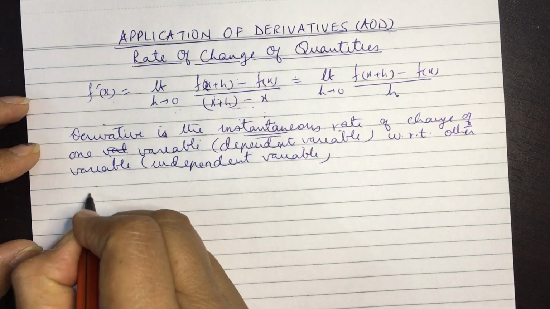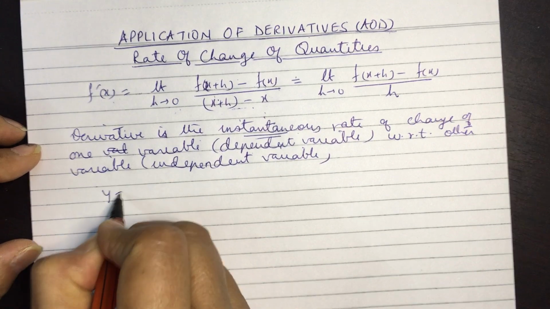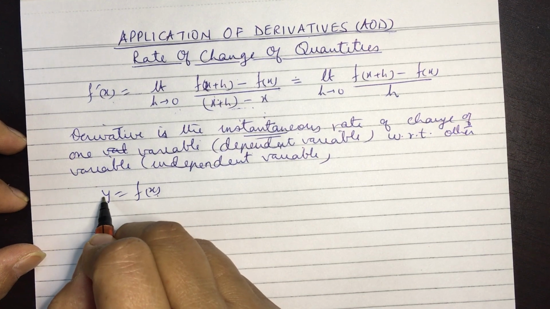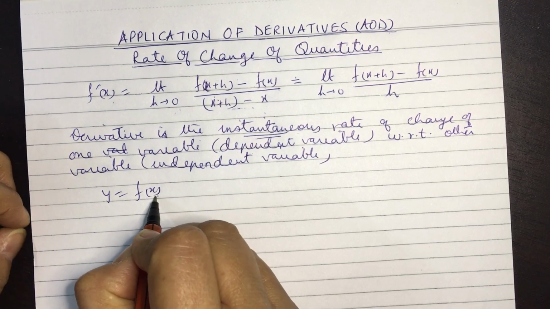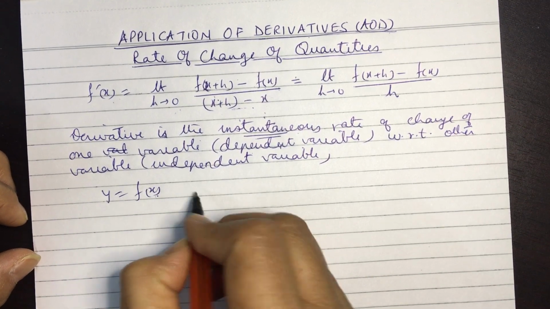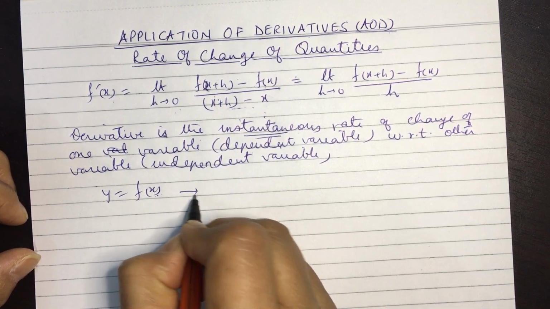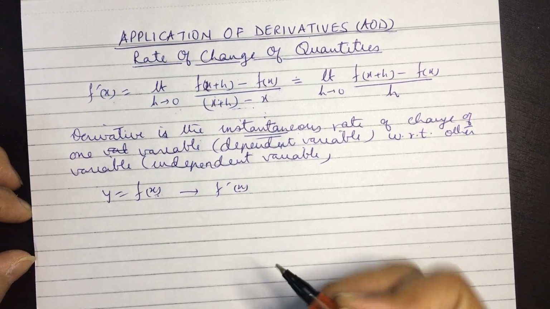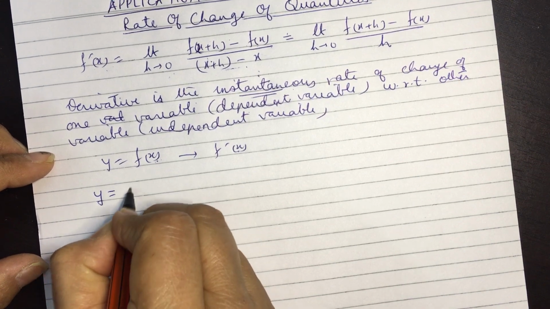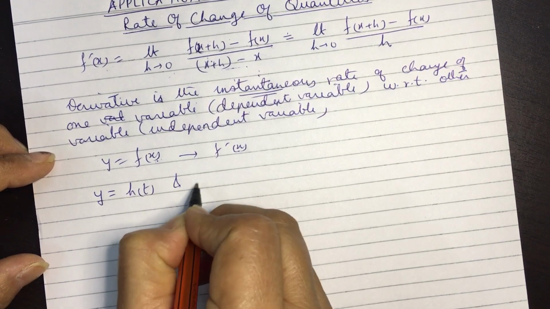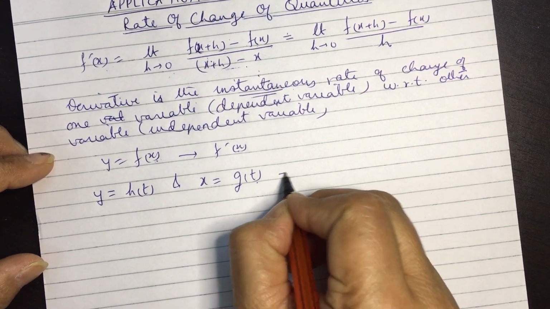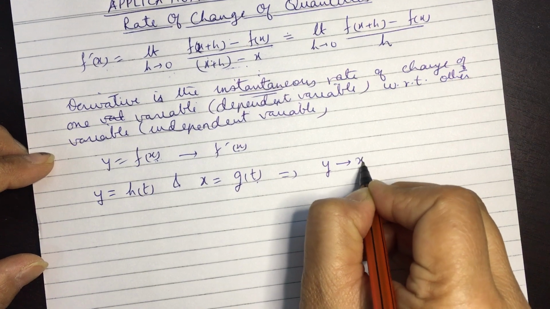Similarly, if y equals f x, then in order to find the rate of change of y with respect to x, we will simply find f dash x. Now similarly, suppose y is some function of t and x is another function of t, so that y depends on x.